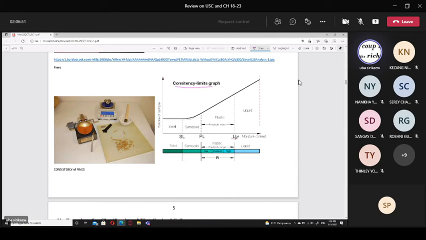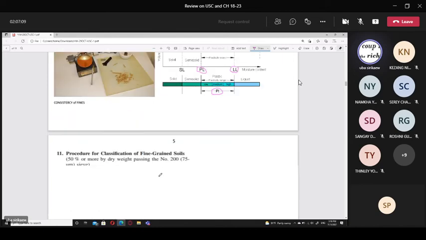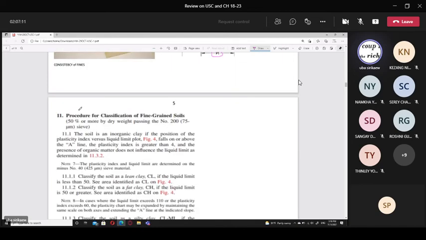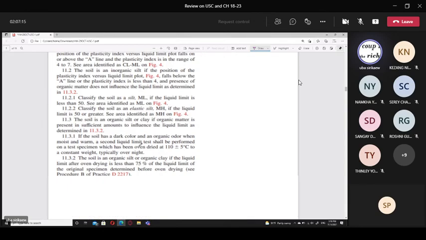Water content makes the soil flow itself, and water content makes the soil plastic. This part we know is the plasticity index, and this is the liquid limit. So when you go to section 11, you take the reading and you get the concluded part.